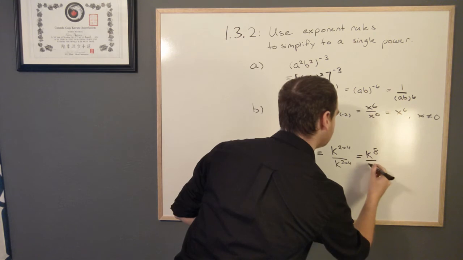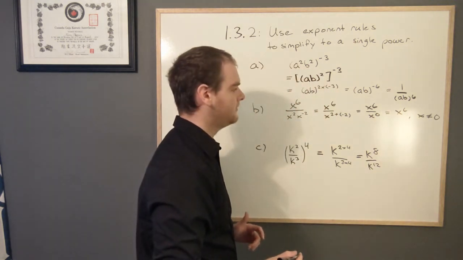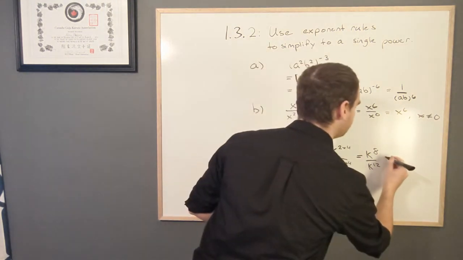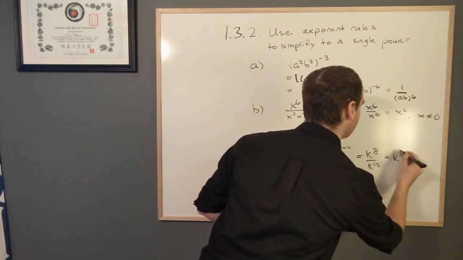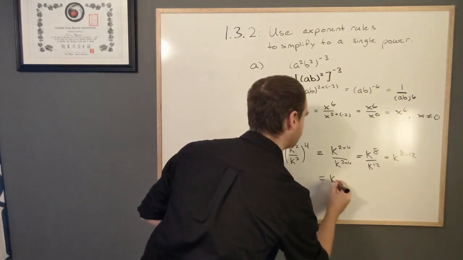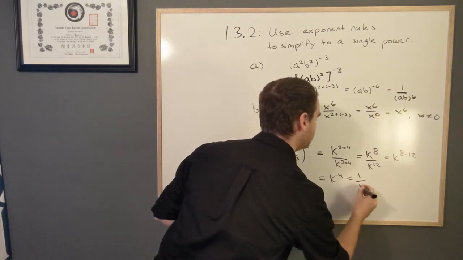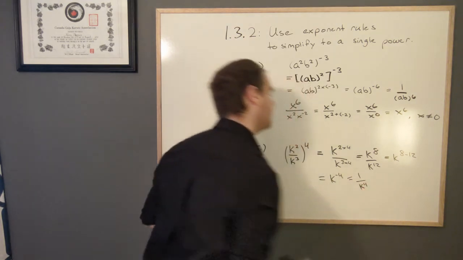It's k to the 8 over k to the 12. We do our subtraction. K to the negative 4. Make that a denominator. It's k to the 4.